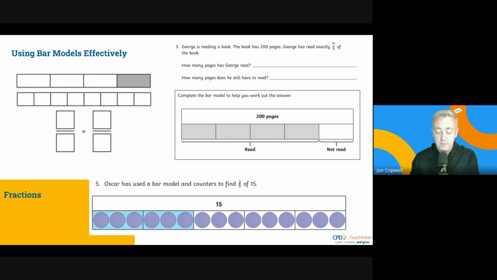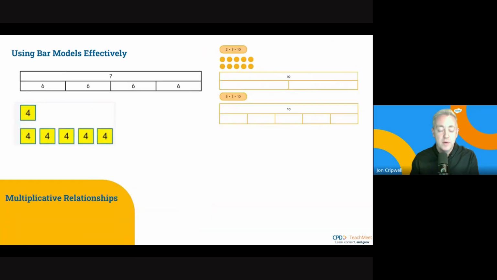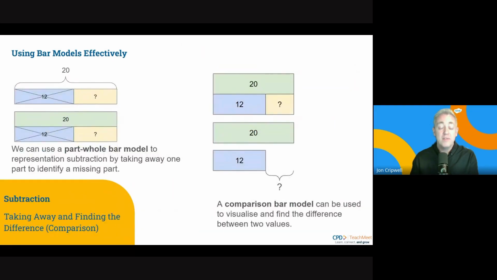Sometimes, if we just go back on the PowerPoint, something like this, sometimes squares can be a hindrance because some children will want to do 20 squares to represent the 20 on the top and 12 squares to represent the 12 on the bottom, and you end up needing enormous maths books to try and fit that on the page.